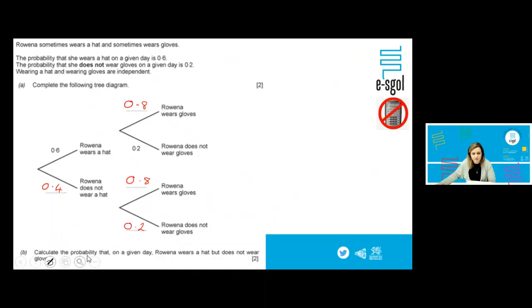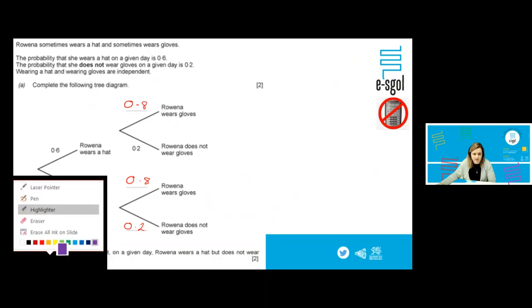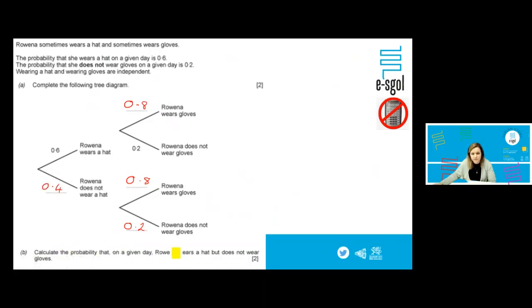Part B, calculate the probability that on a given day, Rowena wears a hat but does not wear gloves. So let's have our highlighter back and let's actually go through where this is. So wears a hat. From the first section, we're going to go up. We're going to follow the path that says wears a hat, and then does not wear gloves. Remember, you can't jump down to the bottom.